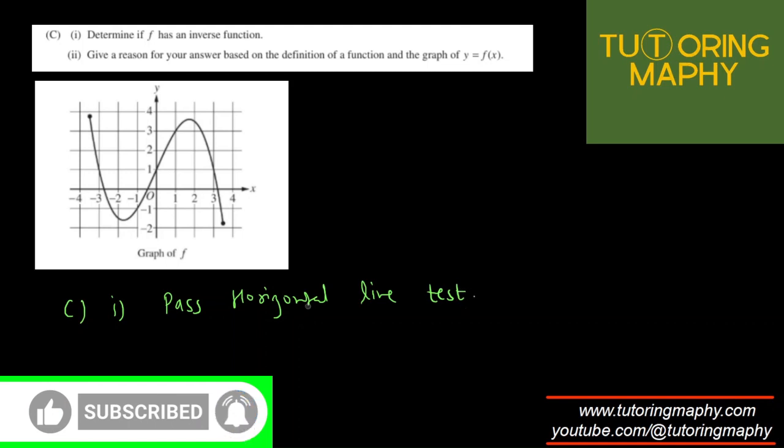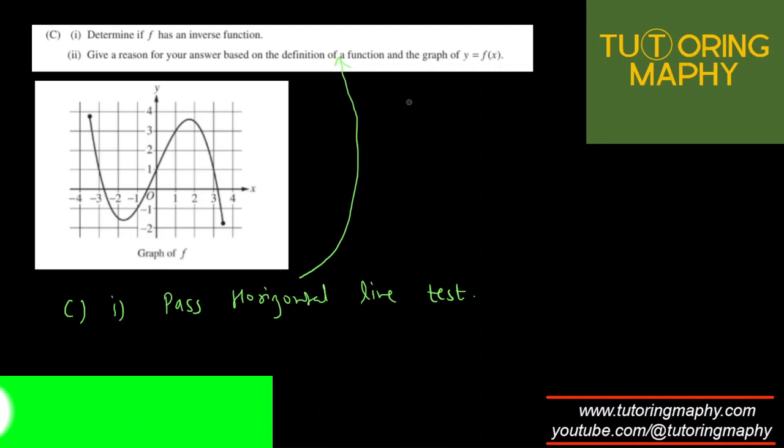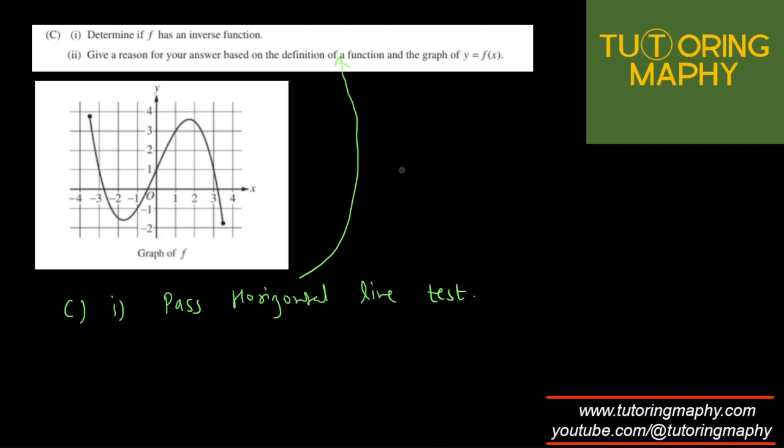I think C1 is just about yes or no, so I'm going to answer C1 as no, and give a reason for your answer based on the definition of a function and the graph of y equal to f of x.